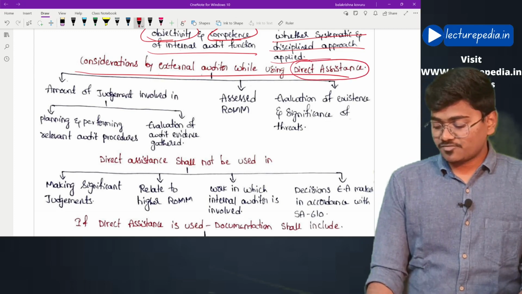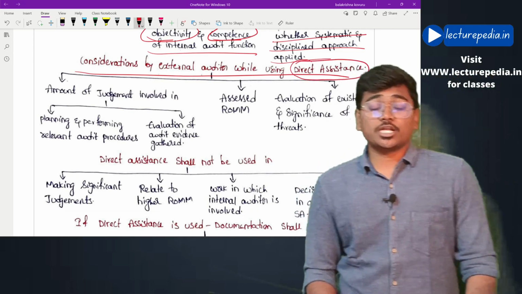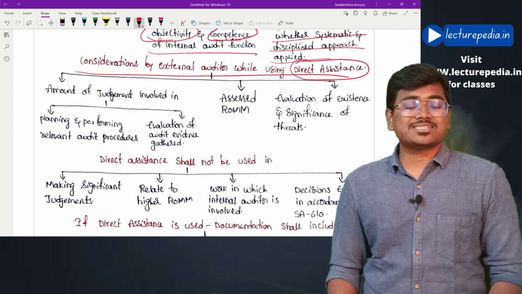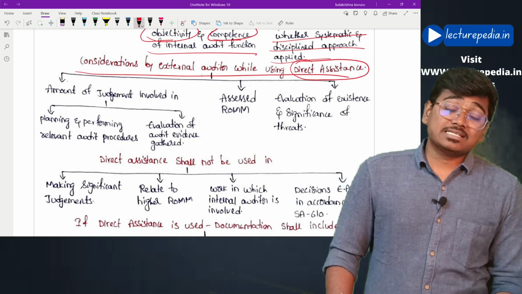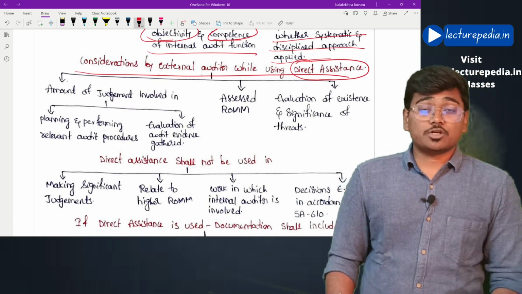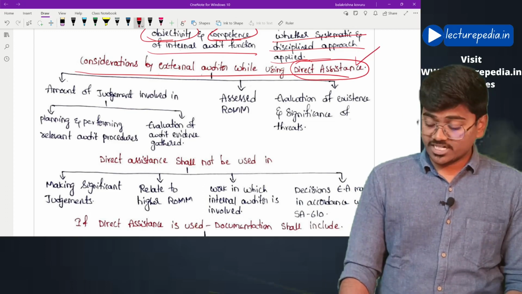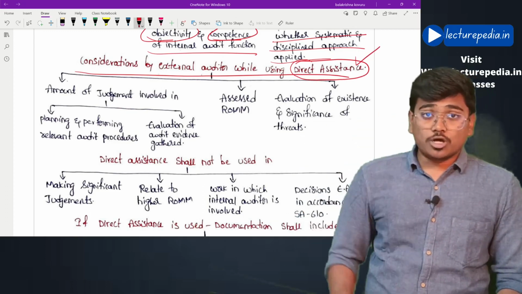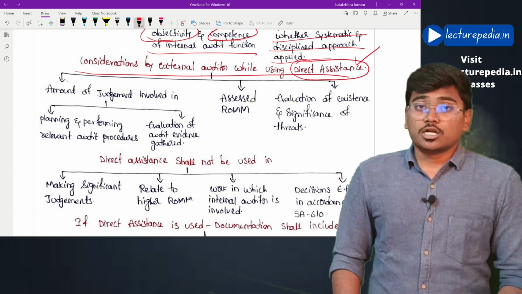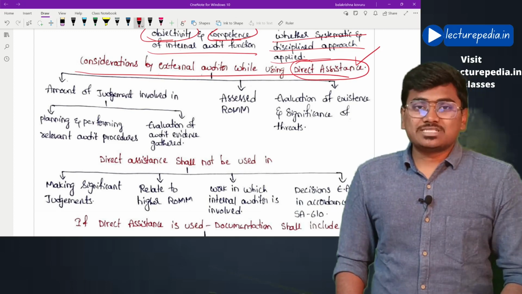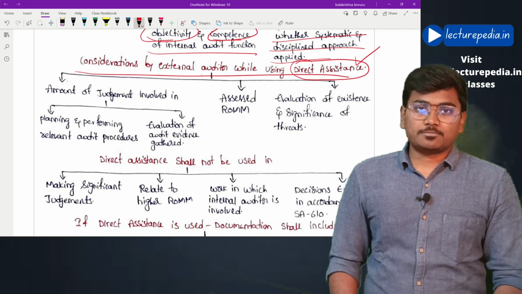Direct assistance from whom? Direct assistance from internal auditor. If you remember, we have discussed this concept of direct assistance in SA 610 also, using the work of internal auditor. If you have any doubt related to this direct assistance, you can please watch that revision video, SA 610. Now, while deciding to use direct assistance, what will be considered by the auditor?